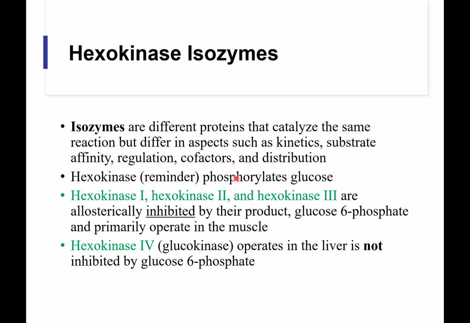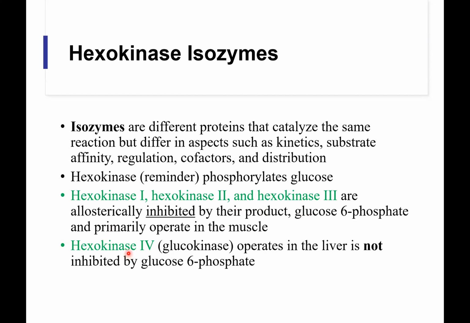As we know, hexokinase is the first step of glycolysis. It phosphorylates glucose and makes glucose 6-phosphate. There are 3 different isozymes that operate primarily in the muscle: hexokinase 1, 2, and 3. We're not going to concern ourselves particularly with the differences among those, but we are going to note that they are all allosterically inhibited by their product, which is glucose 6-phosphate.